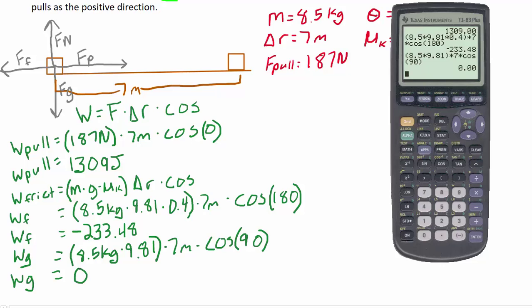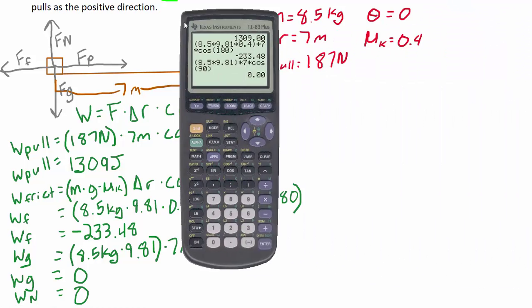The reason it is 0 is because the cosine of 90 is 0, and so since everything is multiplied against that, it is 0, and it'll be the same for the normal force, because that'll be the same equation, and it is also cosine of 90, and so we can just say that is 0.